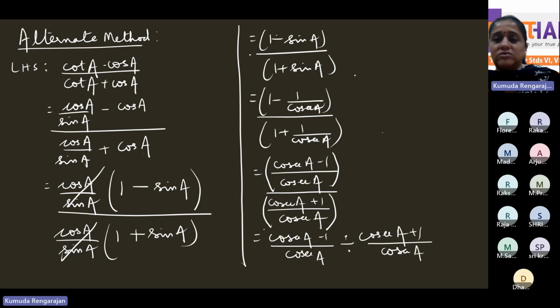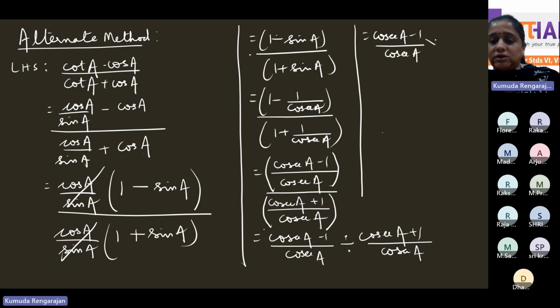Now this is equal to cosecant A minus 1 by cosecant A into cosecant A by cosecant A plus 1, because division becomes multiplication and reciprocal, correct?